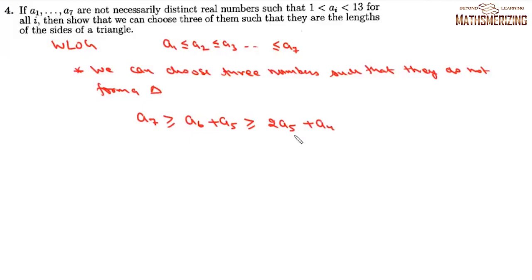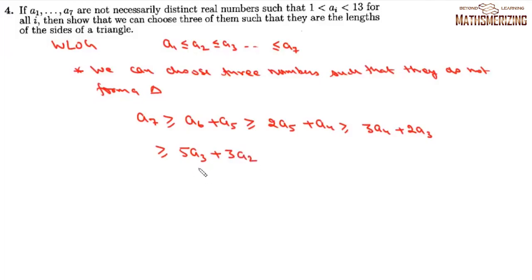Now again a5 is greater than or equal to a4 plus a3. So it will be greater than or equal to 3a4 plus 2a3, and a4 is greater than or equal to a3 plus a2. So it will be greater than or equal to 5a3 plus 3a2.